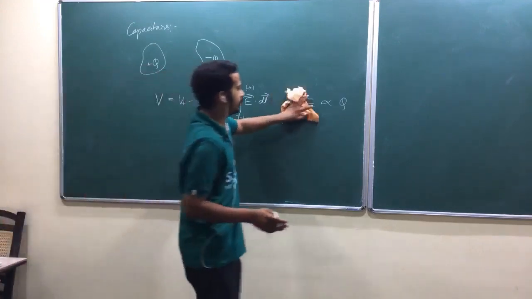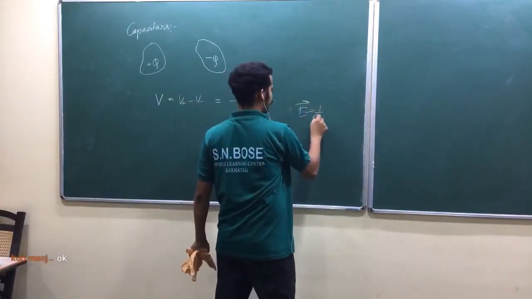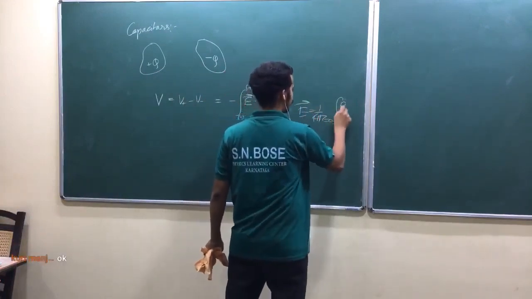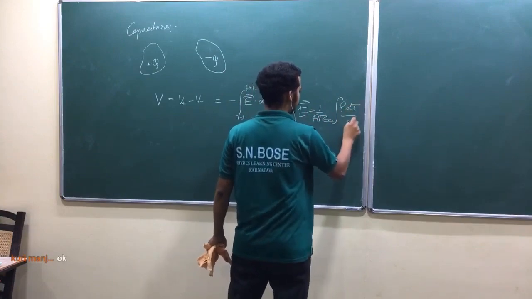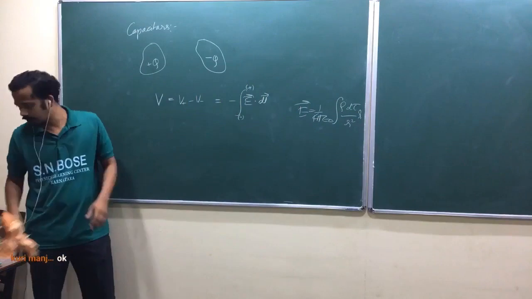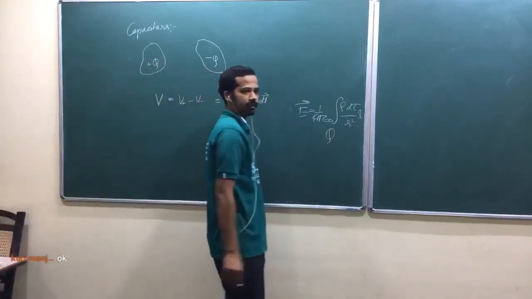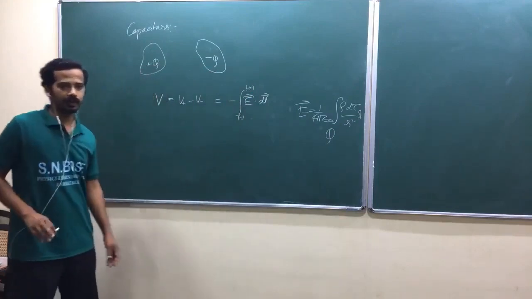So whatever formula you use, suppose the electric field is equal to, what is our generalized formula? 1 by 4 pi epsilon naught integral of rho d tau by r square r cap. Am I right? Even in this case, when you integrate it out, obviously it will be proportional to the total charge. Remember, proportional to. Is that okay?